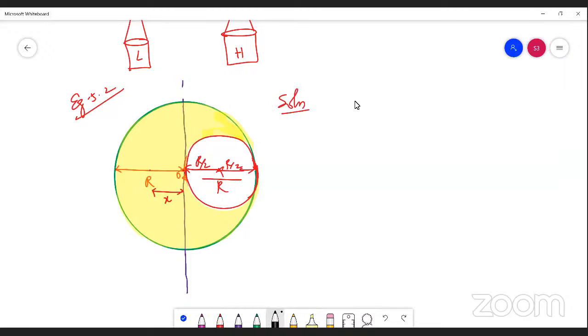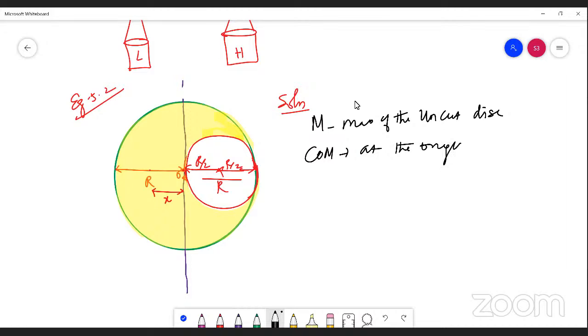Let us consider the mass of the uncut disk to be capital M. Before you cut the smaller portion of the disk, the center of mass of the entire disk will be exactly located at the origin.